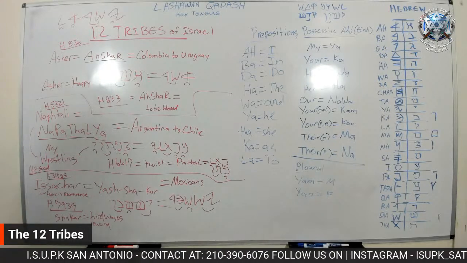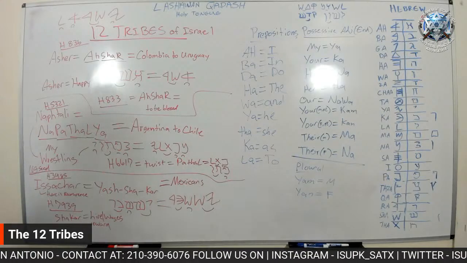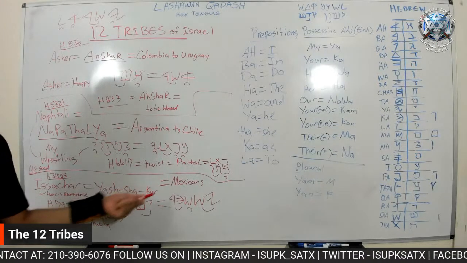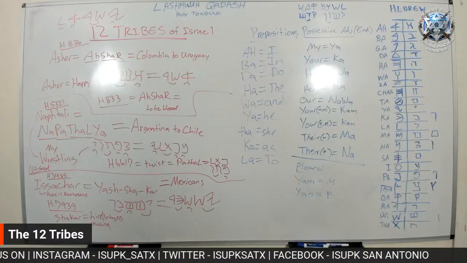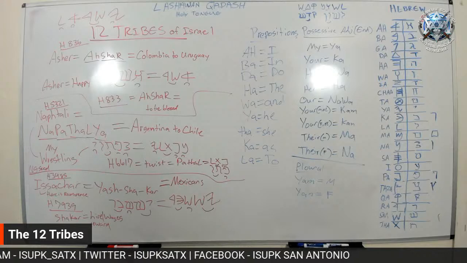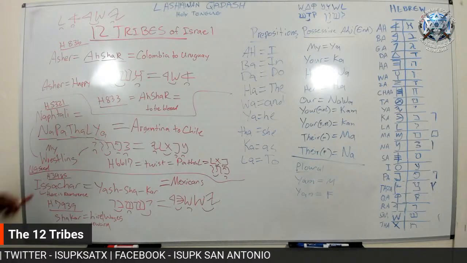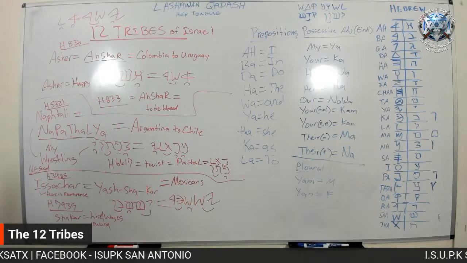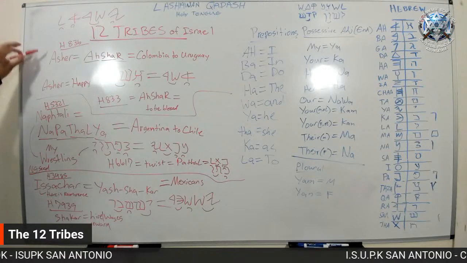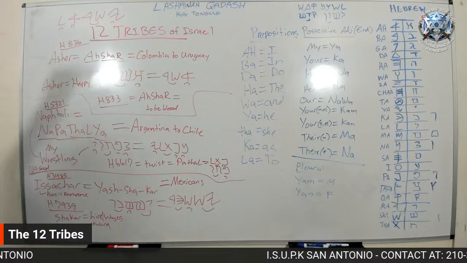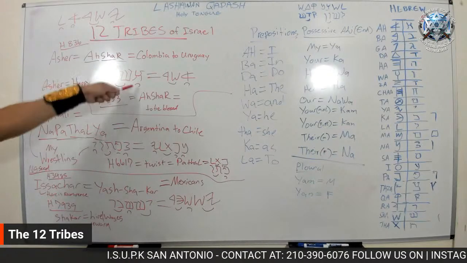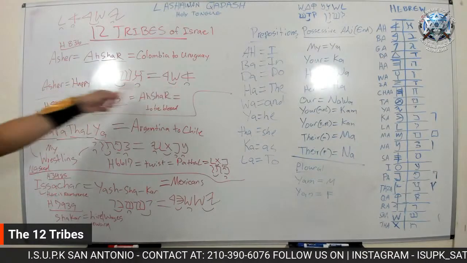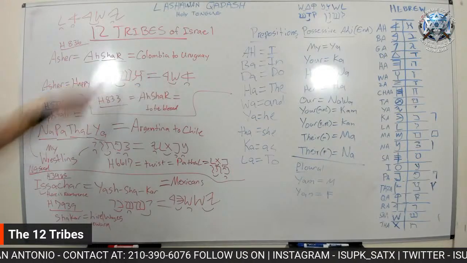Because if you want to say that all tribes are black, name me. Of course, black people work hard too, but not to the extent that Issachar is, where it's literally their name. You know what I mean? What have we been doing this whole class? We've been giving you the actual name of the tribe, where I'll give you the English pronunciation of how you're going to say it in Hebrew, and then we translate it in the ancient Hebrew and then in the Assyrian.